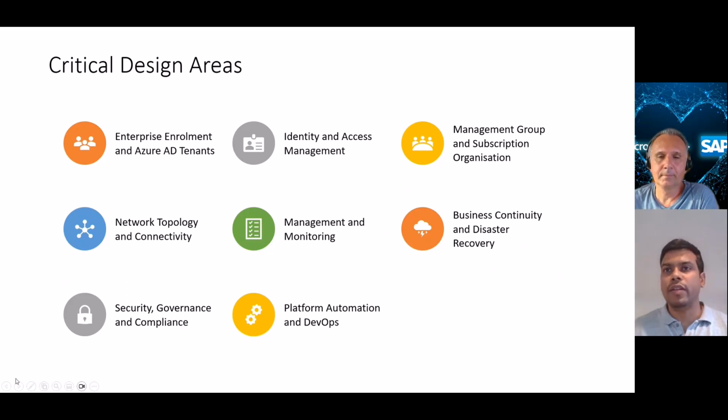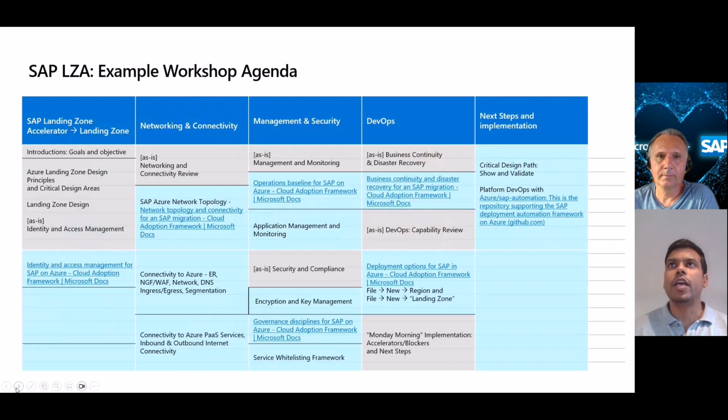Therefore, if you look at the next slide, this is an example of a workshop agenda in terms of the things that we can cover with our customers, whether you are looking to understand specific topics or the whole end-to-end piece.